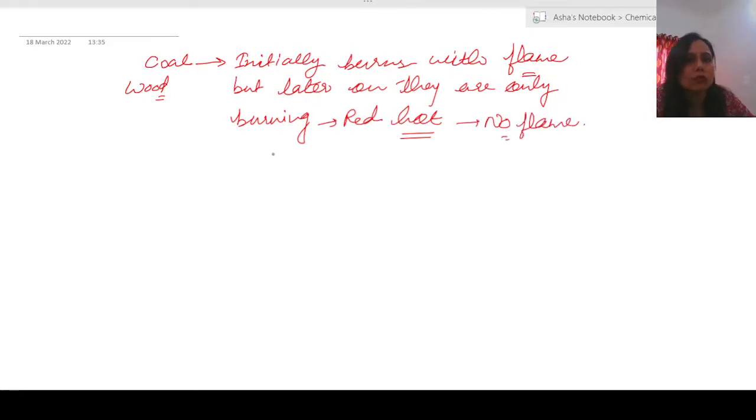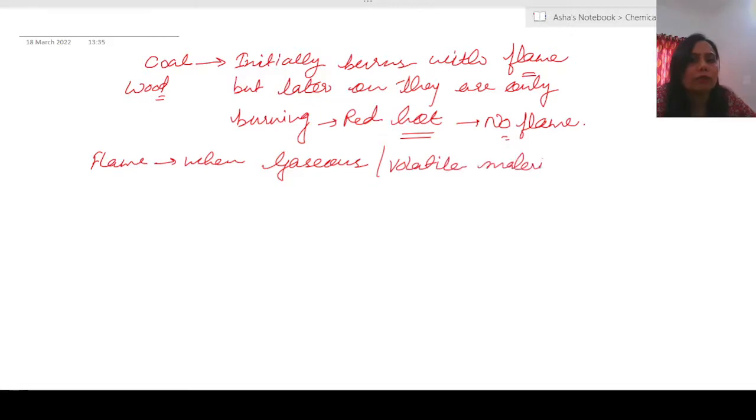Okay, why is it so? It is because flame is always produced when gaseous or volatile materials or compounds get burnt. For example, in the beginning, whatever gaseous material is present in the coal or the wood will burn, and only for that time we will see the flame.